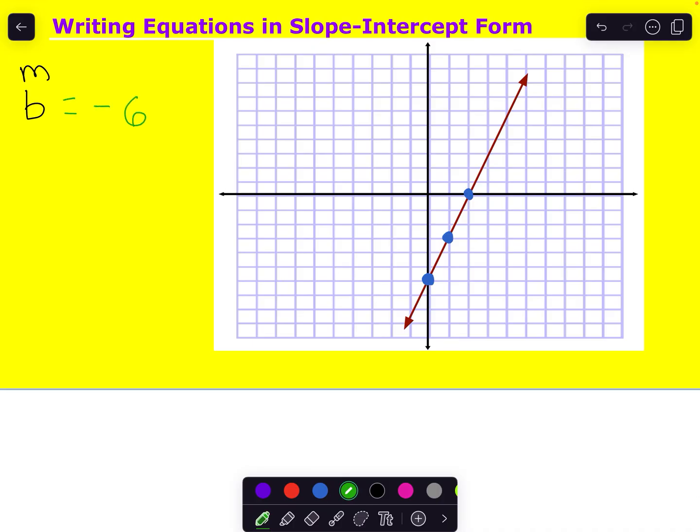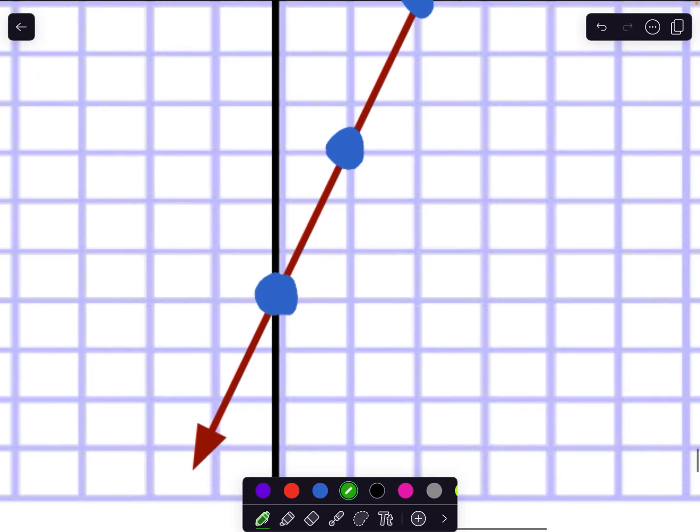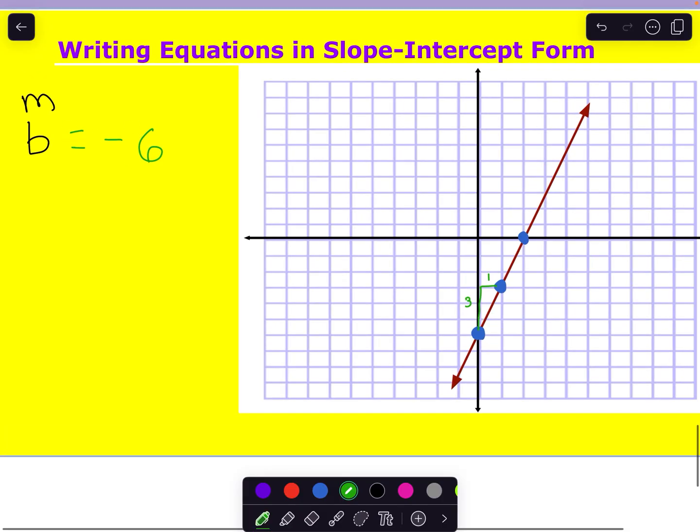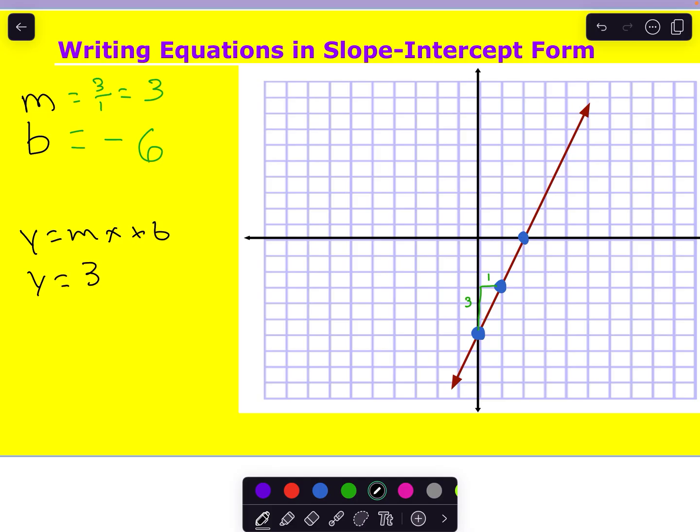Okay? The m is going to be the slope. So we'll say 1, 2, 3, rise of 3, run of 1. So if it's 3 over 1, that just equals 3. So now I know the m and the b. So I'm going to go down here and say y equals mx plus b. y equals 3x minus 6.